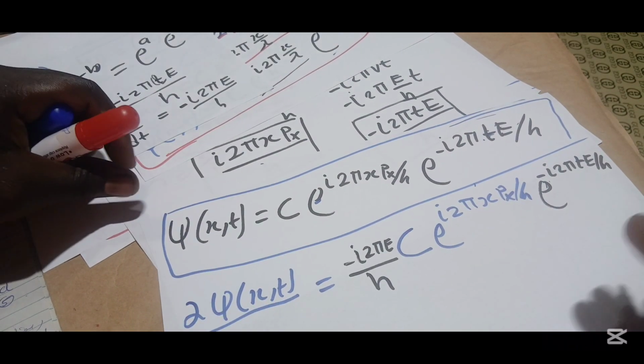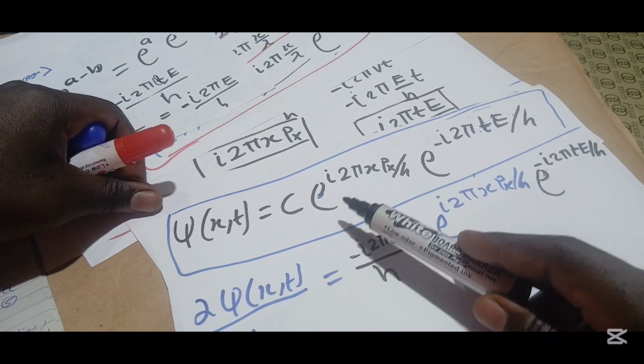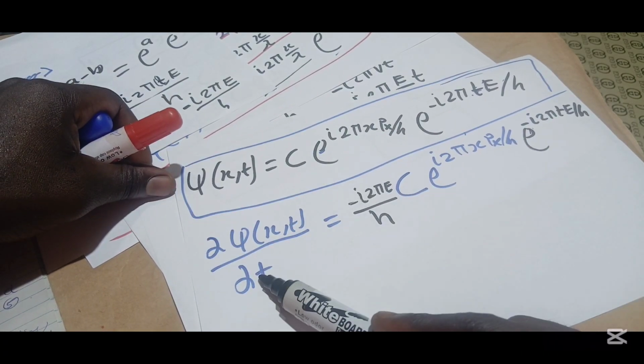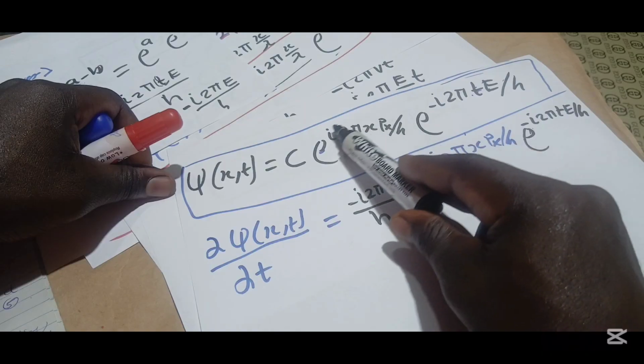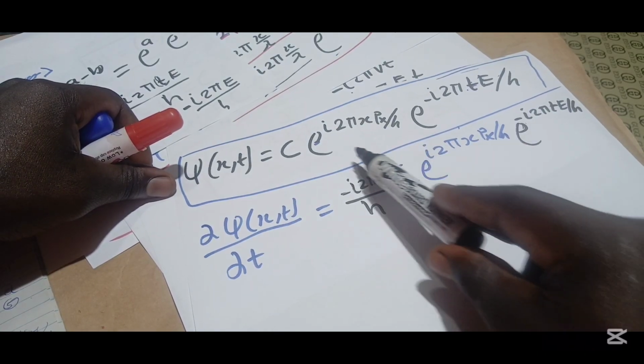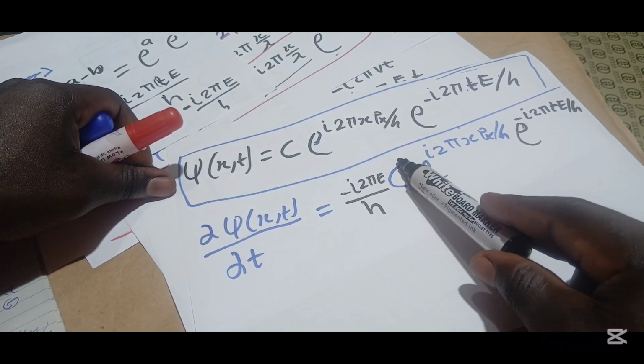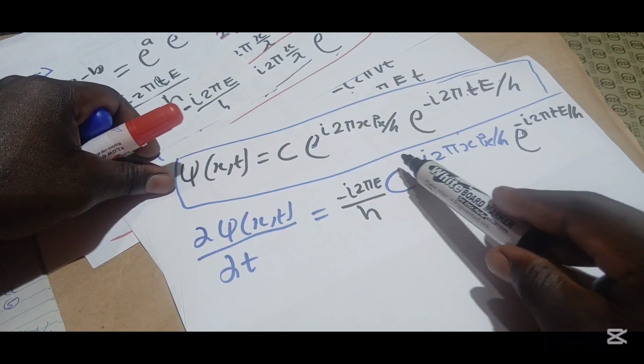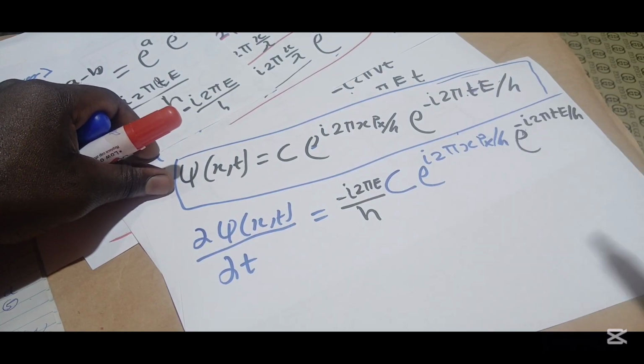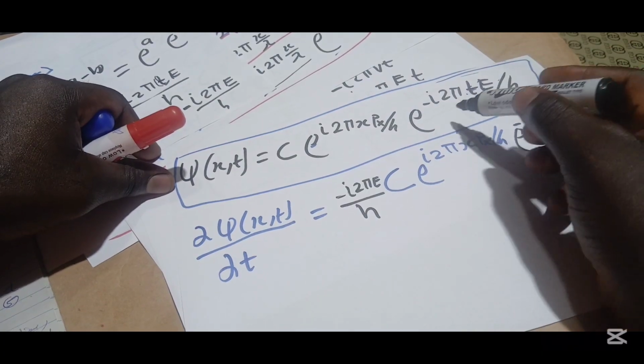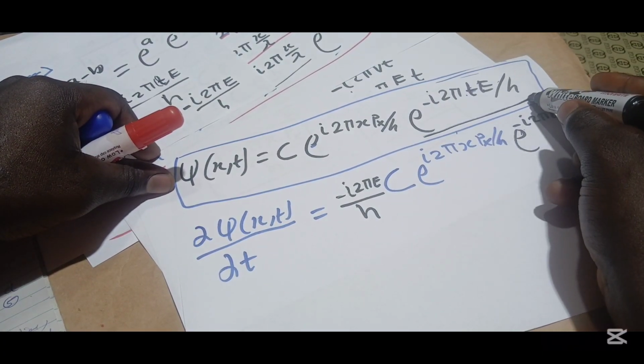But firstly, because we are differentiating with respect to time, we don't have a time term here. Definitely, we are going to write that one there, and the constant is a constant. We just have to write it there too, and then we now focus on where we have our variable, right?